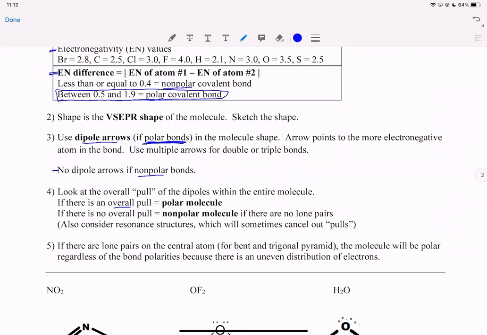You saw those examples in the video. When there is no overall pull, because the pulls cancel out, that leads to what's called a nonpolar molecule. And a polar molecule is when you do have an overall pull, so when the arrows don't cancel out.